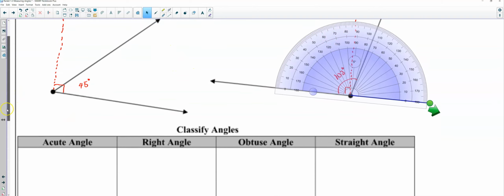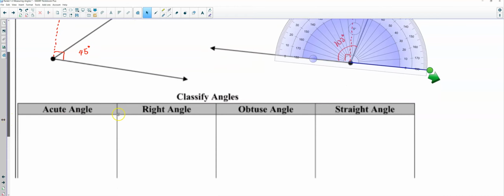All right, so now let's look at acute angles. Let's classify angles. Acute angles. What is an acute angle? That is an angle that measures between 0 and 90 degrees. So it's an angle that measures between 0 and 90 degrees.